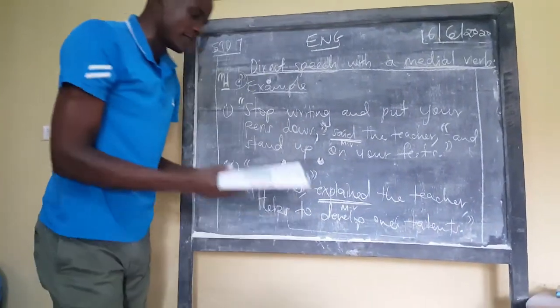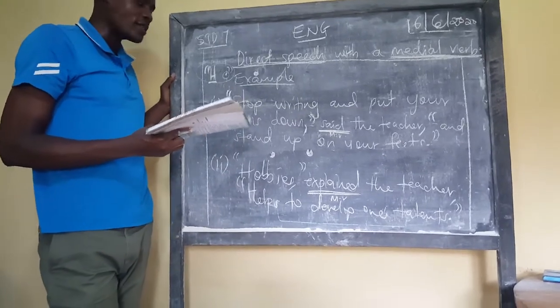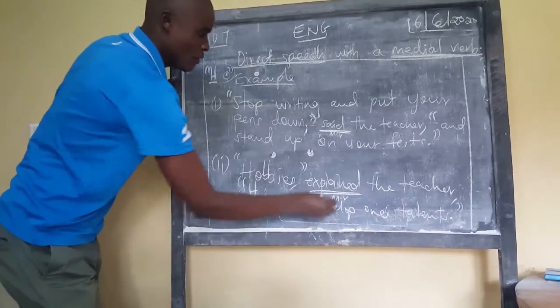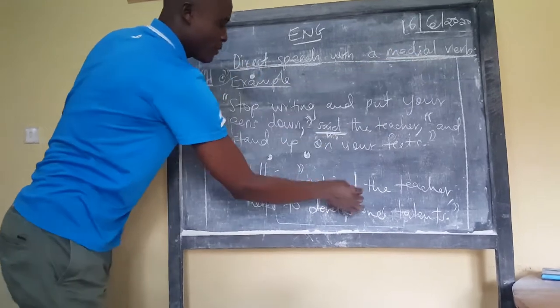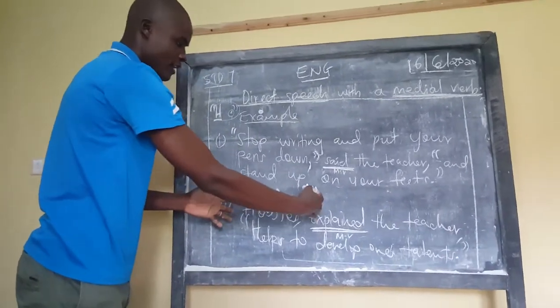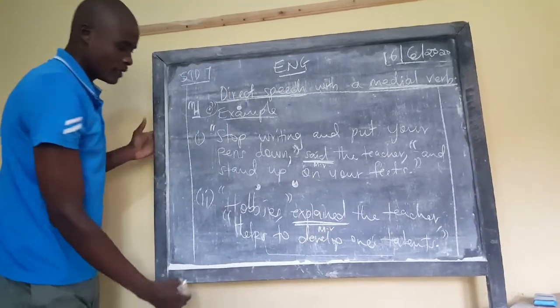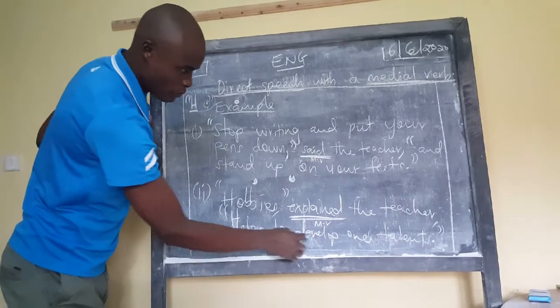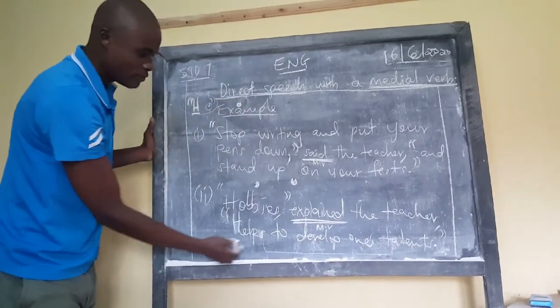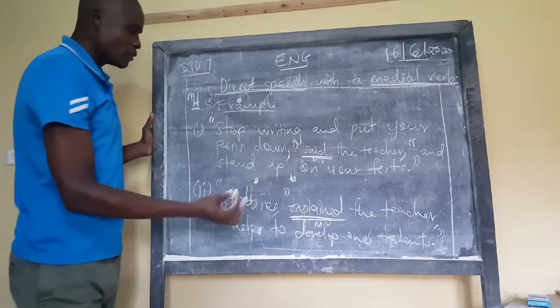So let's read it again. "Hobbies," explained the teacher. "Helps to develop one's talent." So the only medial verb that we have is this one. And then we have two. The first word that the teacher has spoken, and then the second one that the teacher spoke was the last one here, helps develop one's talents. So now you can see how to punctuate that.